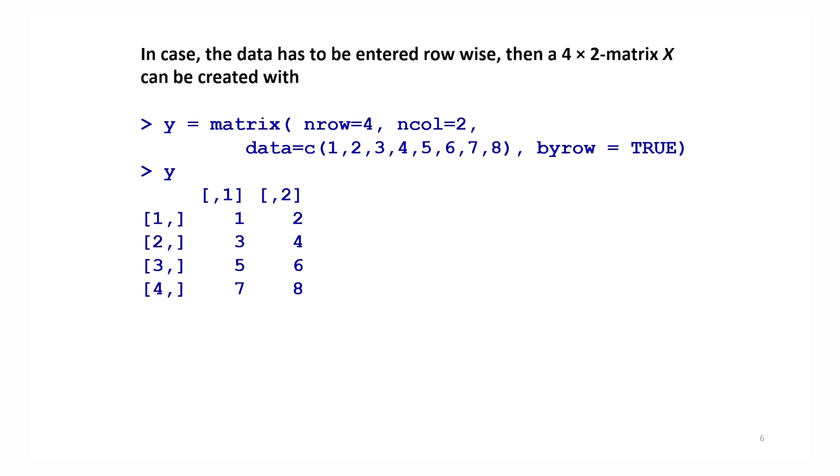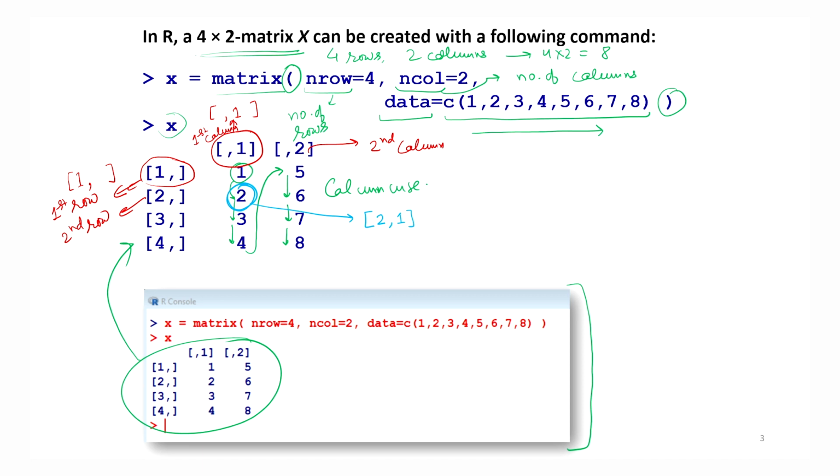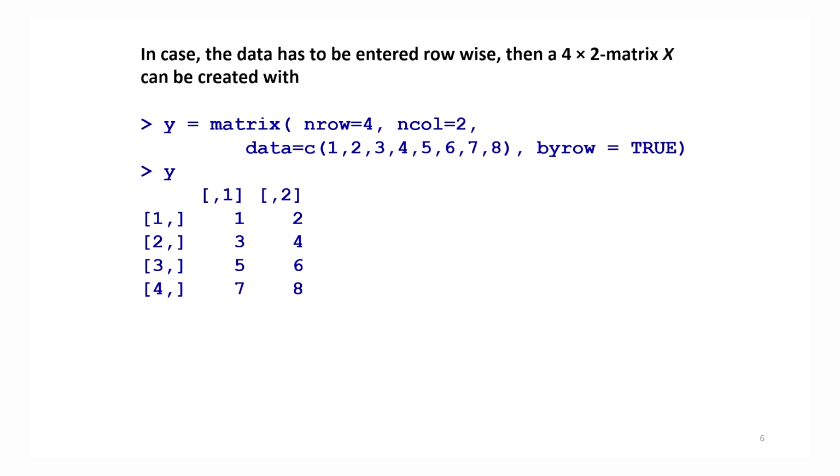Now suppose my objective is to arrange the same data row wise. As I explained, if you don't give any option, the data is arranged column wise. Now I want to arrange it row wise. So how to do it? I will use the same command and the same data set, but I want to arrange it row wise.